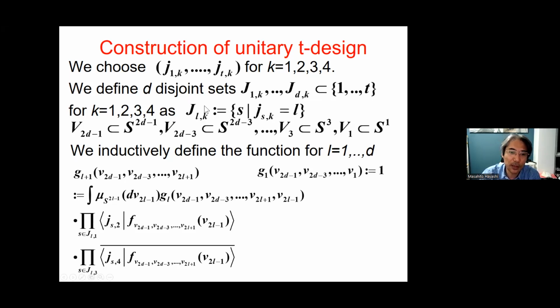Using that subset, we inductively define the function in this way. So G is a function. We need to define some function inductively, so this is somewhat complicated. Firstly, G_1 is always 1, and then the second one is G_2. G_2 is defined using this inductive method. Once G_1 is defined, then G_2. Once G_L is defined, then you can define G_(L+1). Using this method, you can define the function.